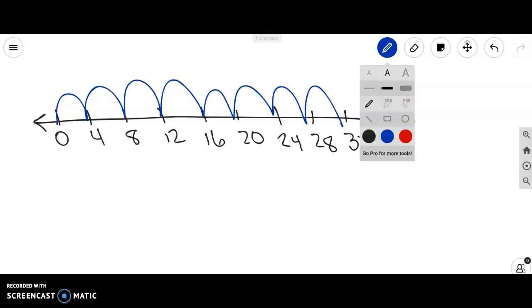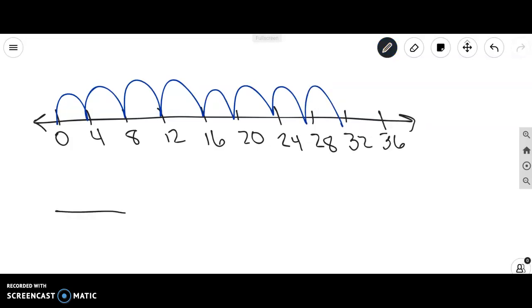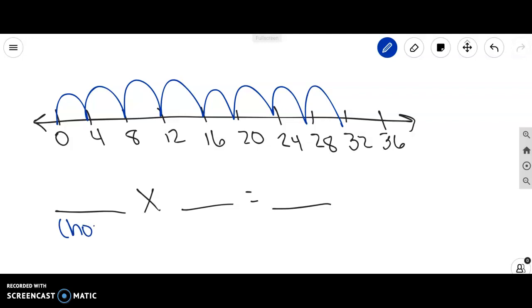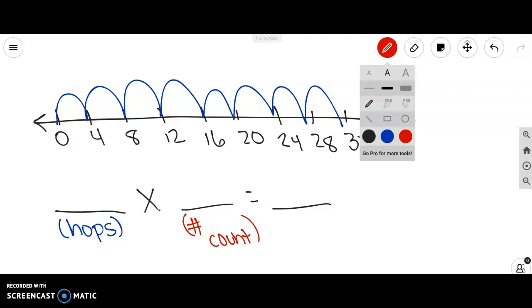Okay, now we can begin to solve our problem. Again, labeling is key here because you're going to know where to fill in your blanks. So begin with hops. The second is the number we count by. And the third is our answer.